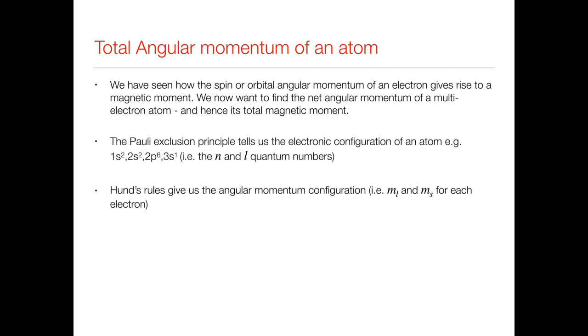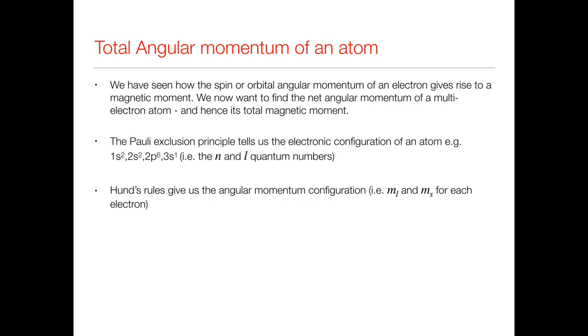What we'd like to be able to do is zoom out a little bit and say, rather than thinking about all of the electrons individually, what is the total angular momentum and what is the total magnetic moment of that atom or that ion? So that would involve finding a total orbital angular momentum, a total spin angular momentum, and adding them together to get the net angular momentum.